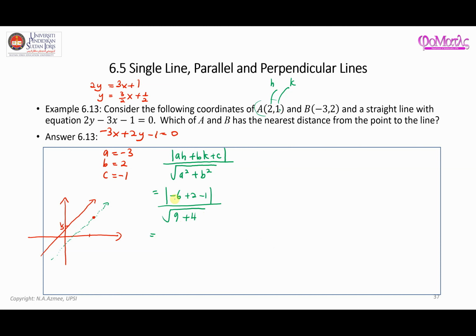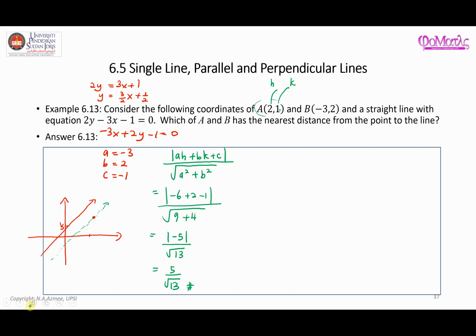Next I will have -6 plus 2 minus 1, which is -5, over the square root of 13. Taking the absolute value, that will be 5 over the square root of 13. So that's the distance from point A to the line given here.